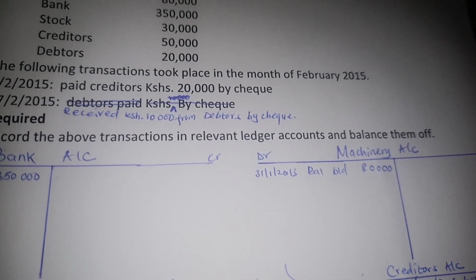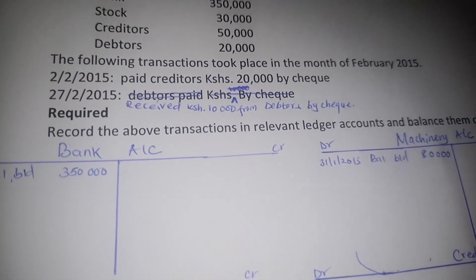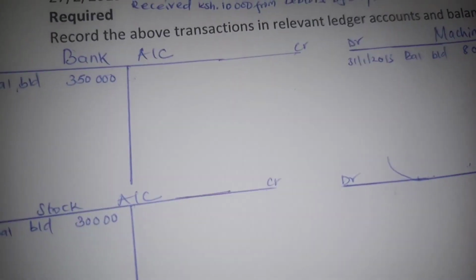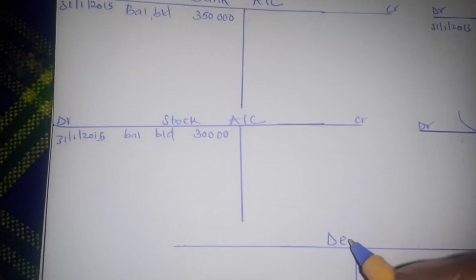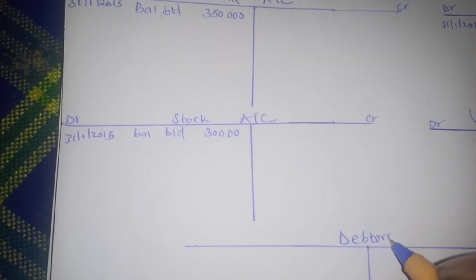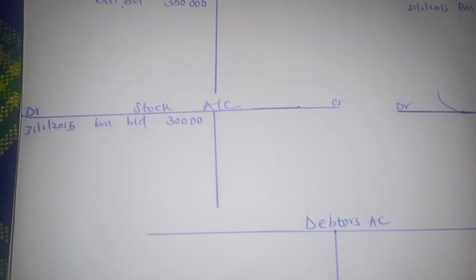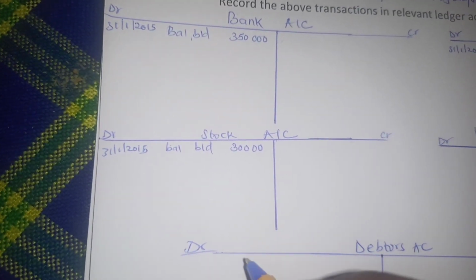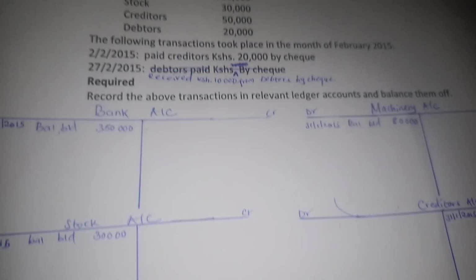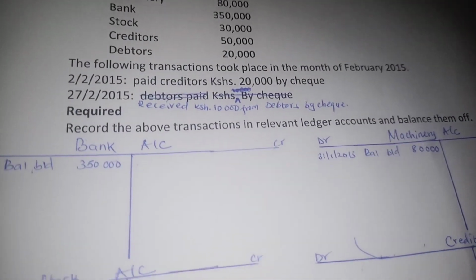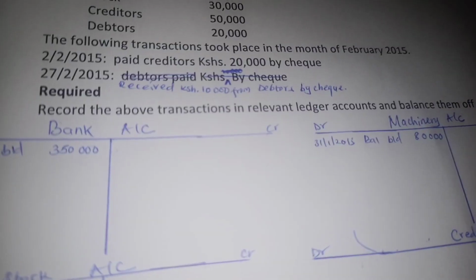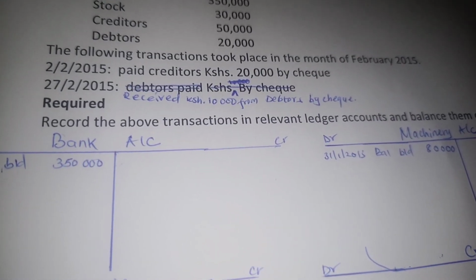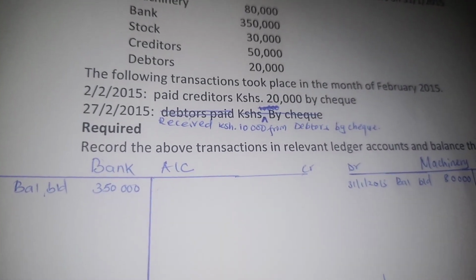Next is the debtors account, with our credit and our debit side. Debtors is an asset and therefore has a debit balance.